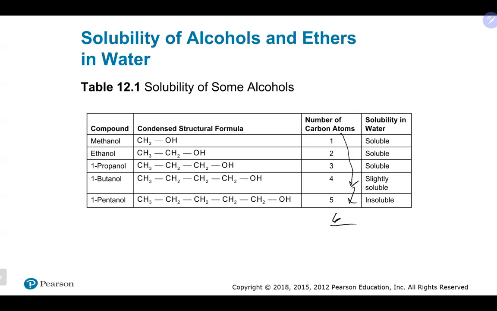The idea here is that for something to be soluble in water, before anybody interacts with water, the water molecules are basically attached to each other through hydrogen bonding as well. So you have to replace the water interactions with something that's very similar in order for it to be soluble. As you get these really big molecules that have non-polar parts, they just don't fit very well with the water molecules, and they're not able to interact really well.